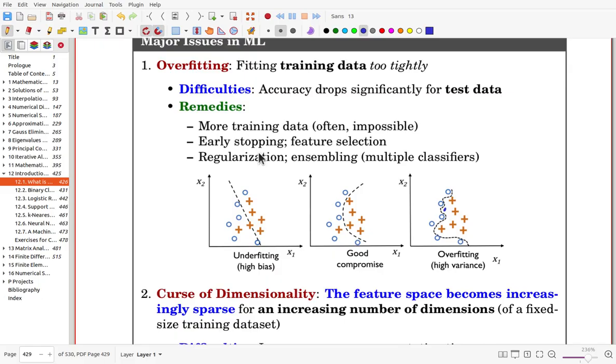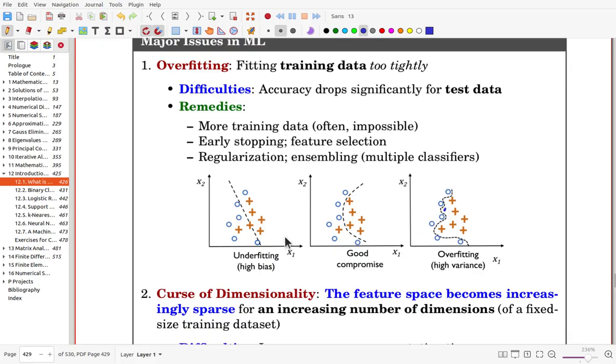Also, try to find some feature selection. And also, you may add some penalty term in terms of regularization. Also, you may try to use multiple classifiers. That is called ensembling. Through these techniques, you can reduce the issues around overfitting.